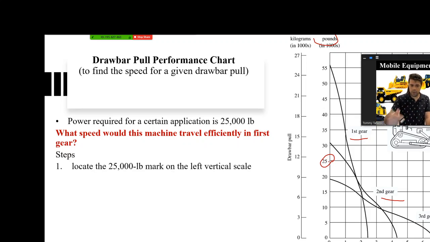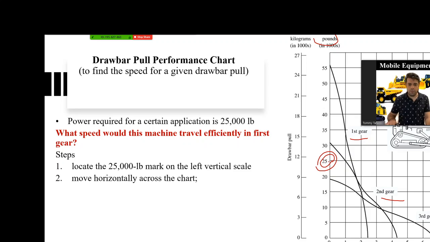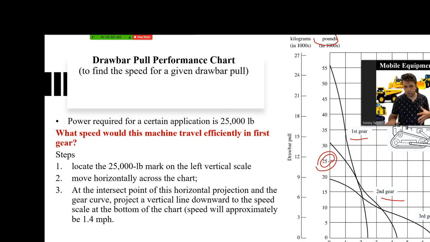Step one, locate the 25,000 pounds, which you already did. Move horizontally across the chart and see where your horizontal line intersects with the curve. It should be given to us which gear we are moving with.